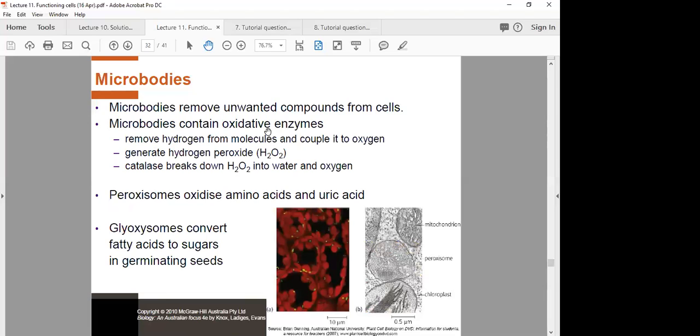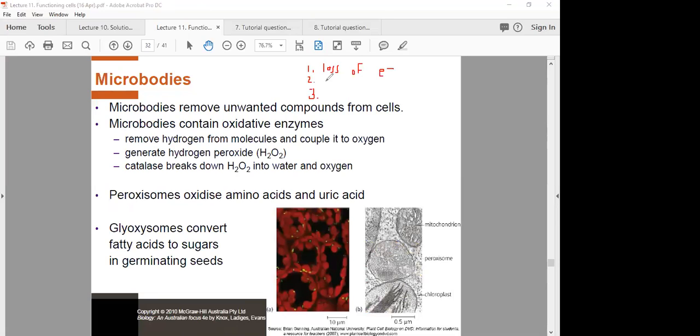All right, oxidative enzymes obviously catalyse the oxidation of a substance. What do we mean by oxidation? Let's revise. Who can give me a very brief definition of oxidation? Loss of electrons.